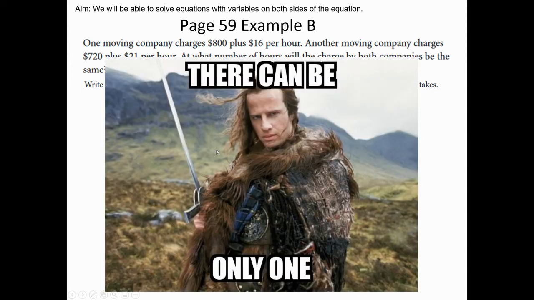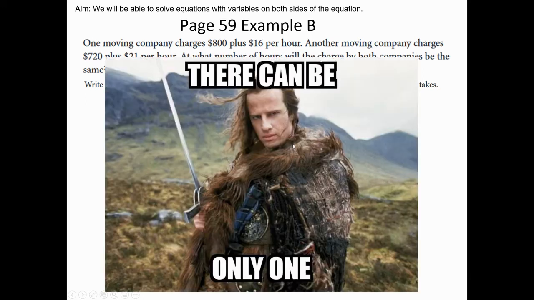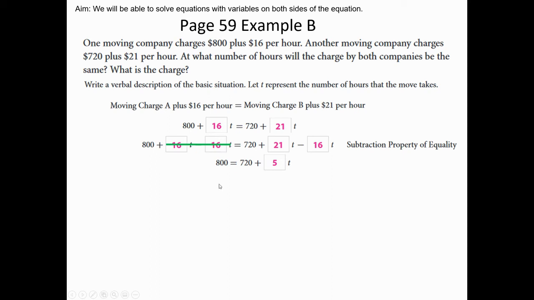So remember, there can be only one, and yet we have a t on the left side and a t on the right side. There can be only one. So let's just get rid of one of them. Why don't we get rid of the 16t by subtracting 16t on both sides? What happens is this crosses off and goes away, leaving us with 800.